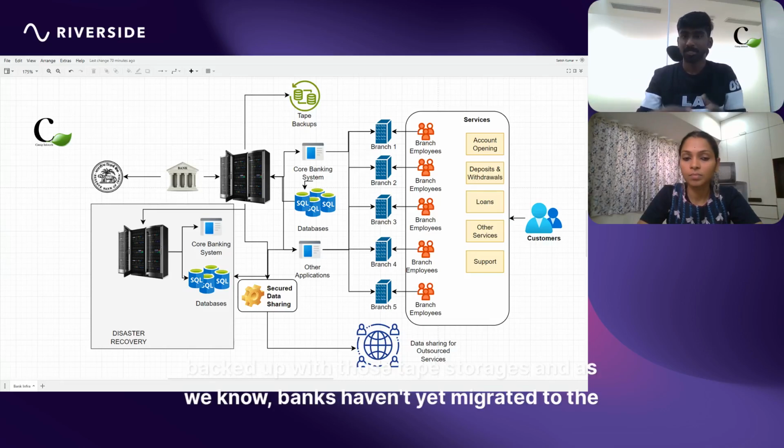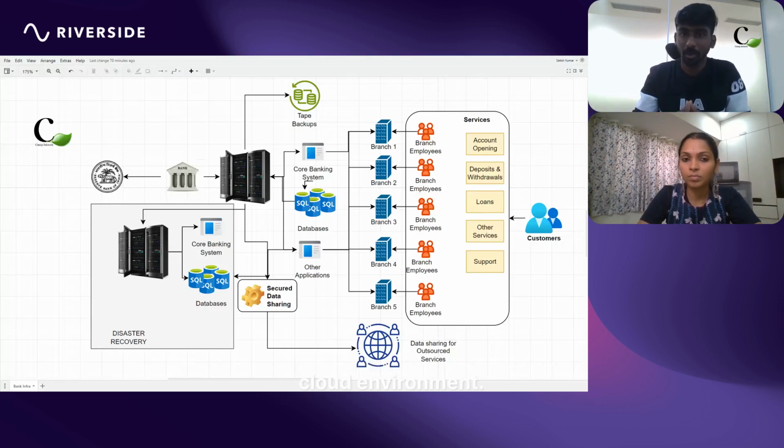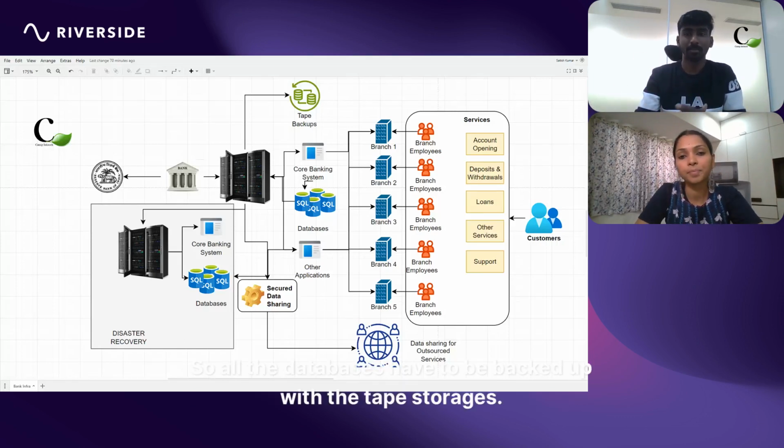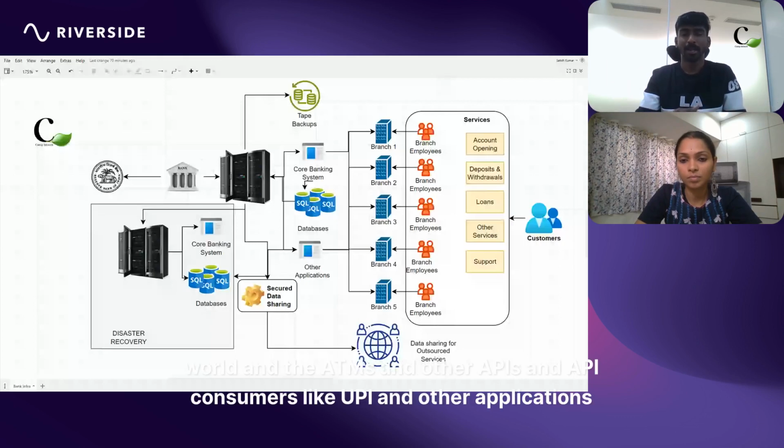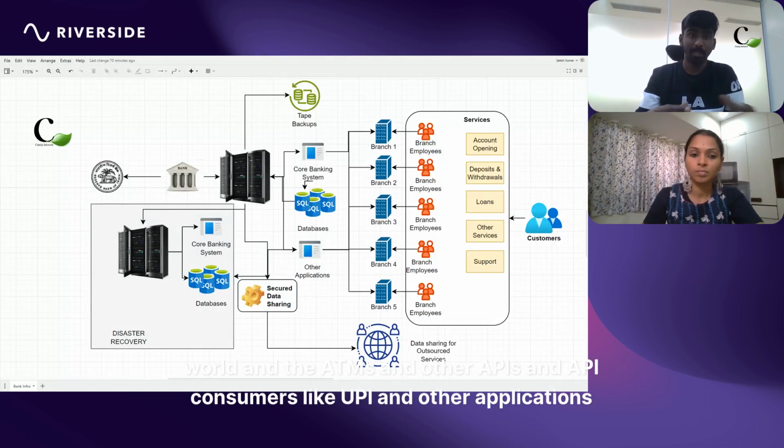At the end of the day, all the databases and other applications have to be backed up on tape storage, as banks haven't yet migrated to the cloud environment. These infrastructures will be shared by all of its branches across the world, and by ATMs and API consumers like UPI and other applications.